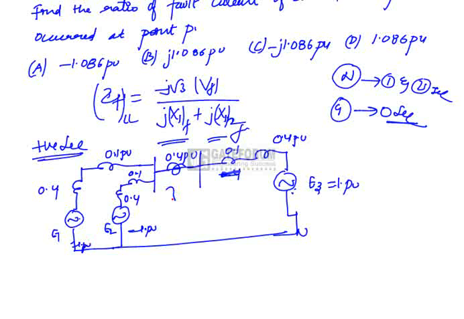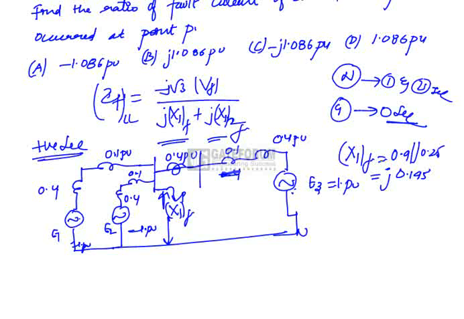Now fault point P is from bus 1. So this is fault point. Now we have to find reactance up to the fault point. This is x1F. From this we can calculate x1F, that is reactance up to fault point, as 0.9 parallel to 0.25, which is equal to 0.195.